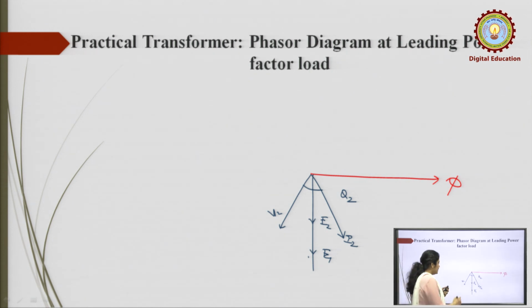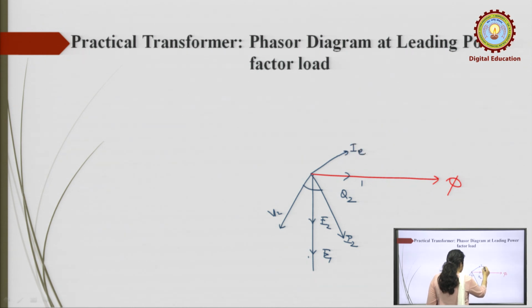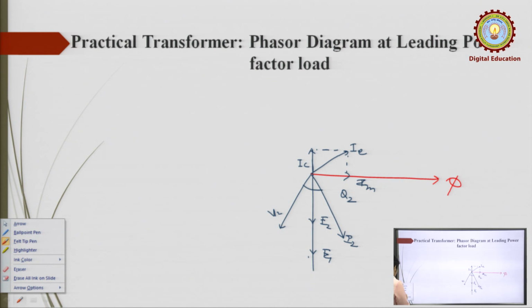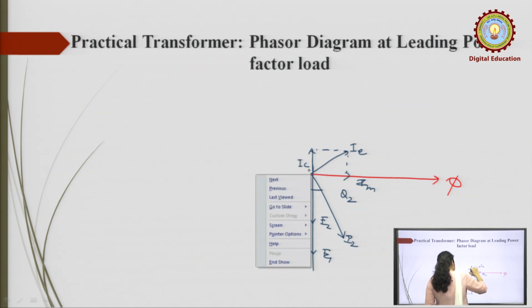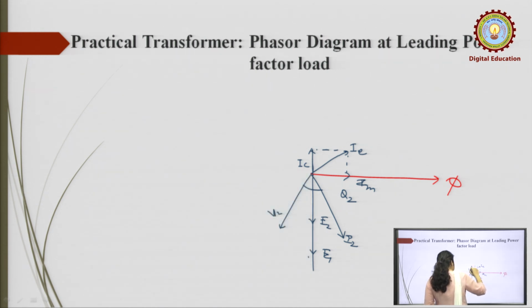Now, same as before, the no load current, suppose the exciting current is I, has two components, IM and IC. If I2 is there, the compensating current will flow in the primary side, equal to I2, to nullify the load effect, that is I2 dash.